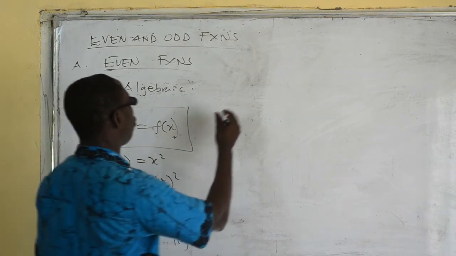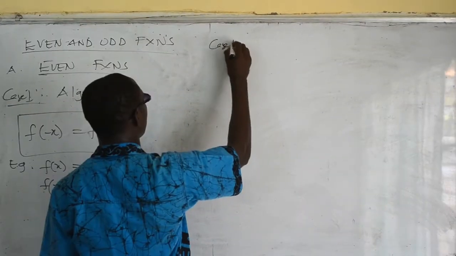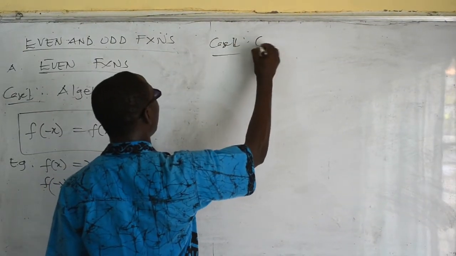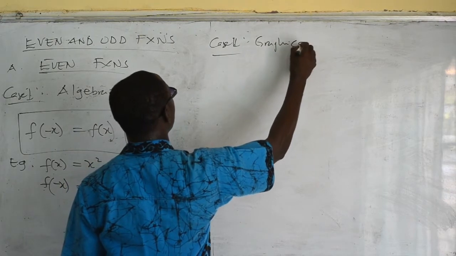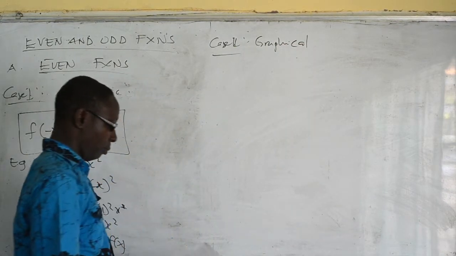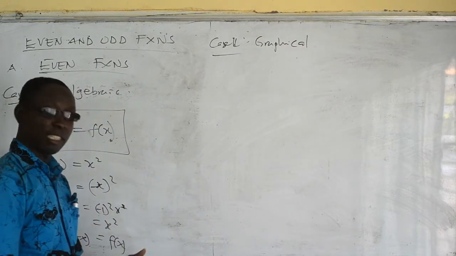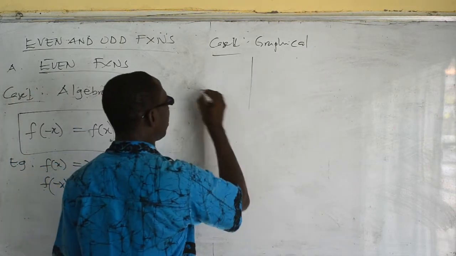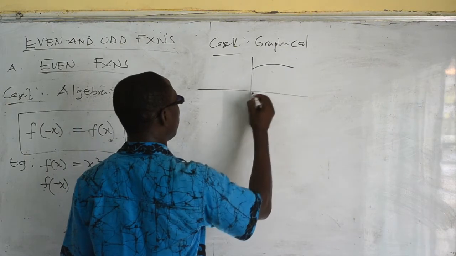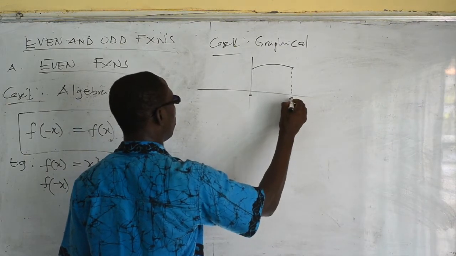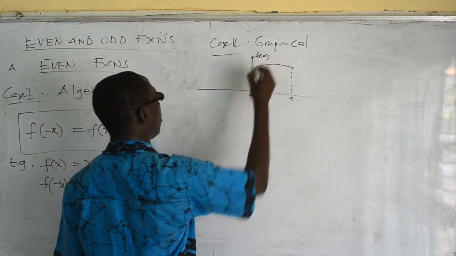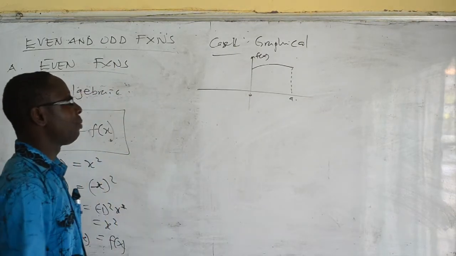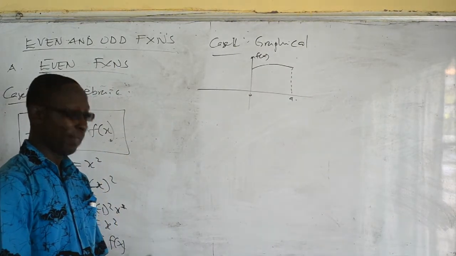Now, case 2, we are talking about the graphical. When the function is even, graphically, how would it look? Look at this graph; it has been drawn for you. Look at it carefully.